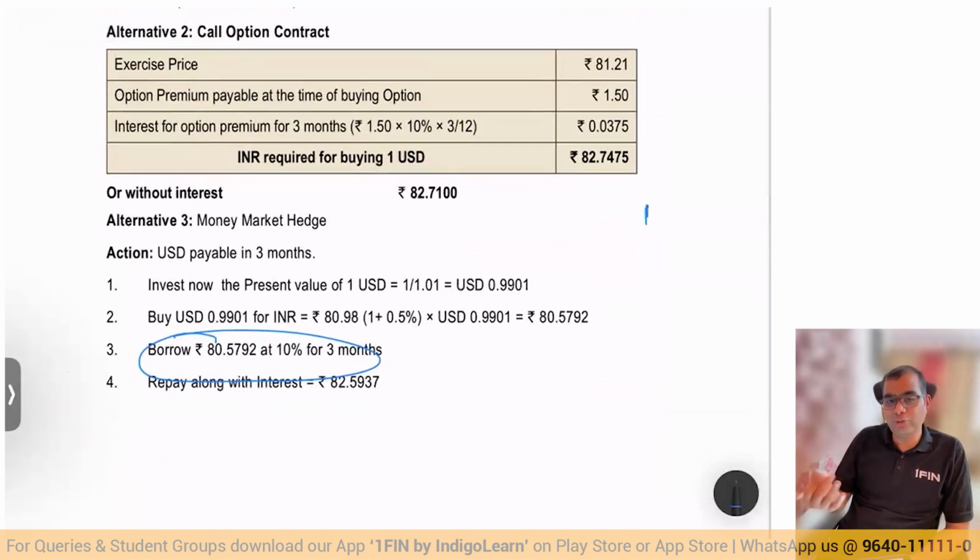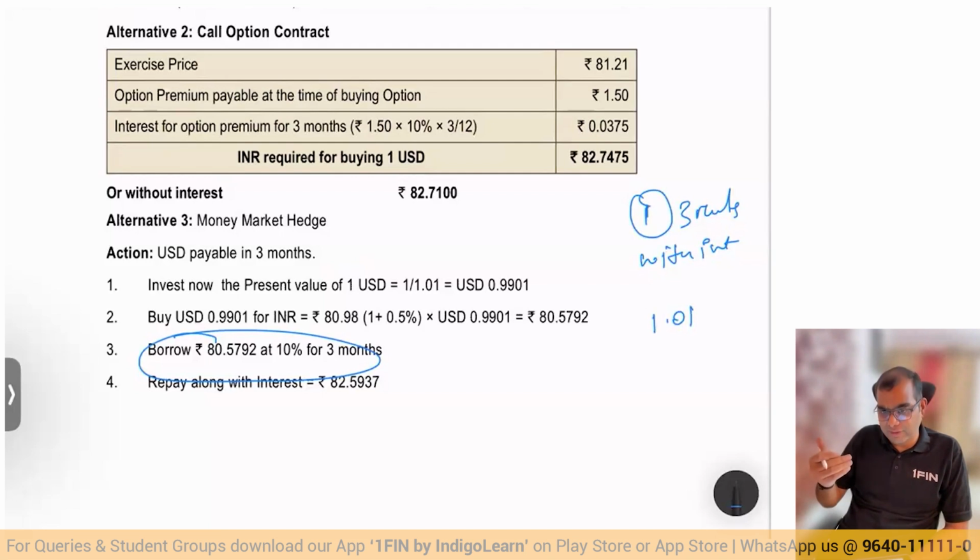Now I am going to get $1 at the end of 3 months, with principal and interest. What is the interest rate? 4% per annum, so for 3 months it is 1%. So 1.01 is what I will get. I need to get $1, but 1.01 should be the final value.